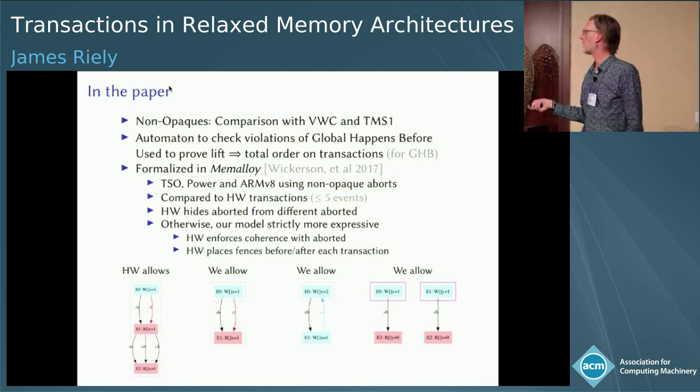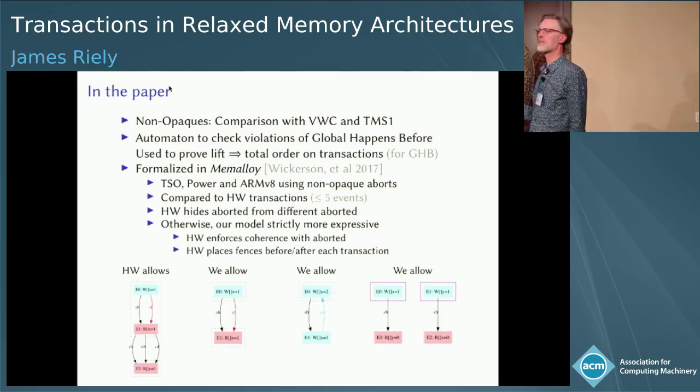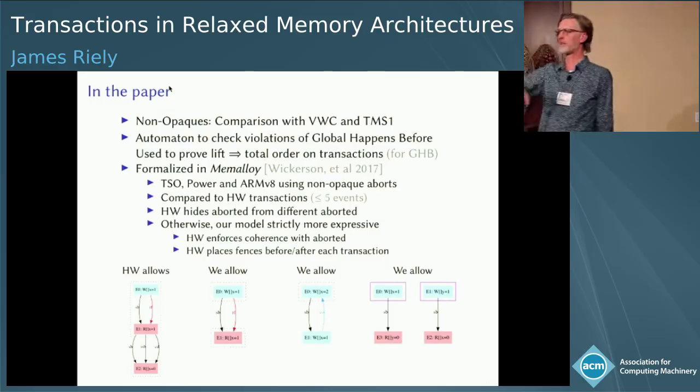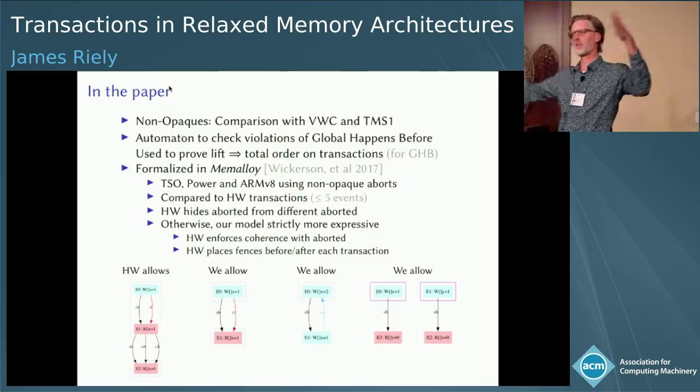So the differences that we noted were around coherence and fences. If you notice, we're not actually requiring fences on either side of a transaction, whereas most of these hardware models actually do fence both at the beginning and at the end of a transaction in order to create memory barriers.